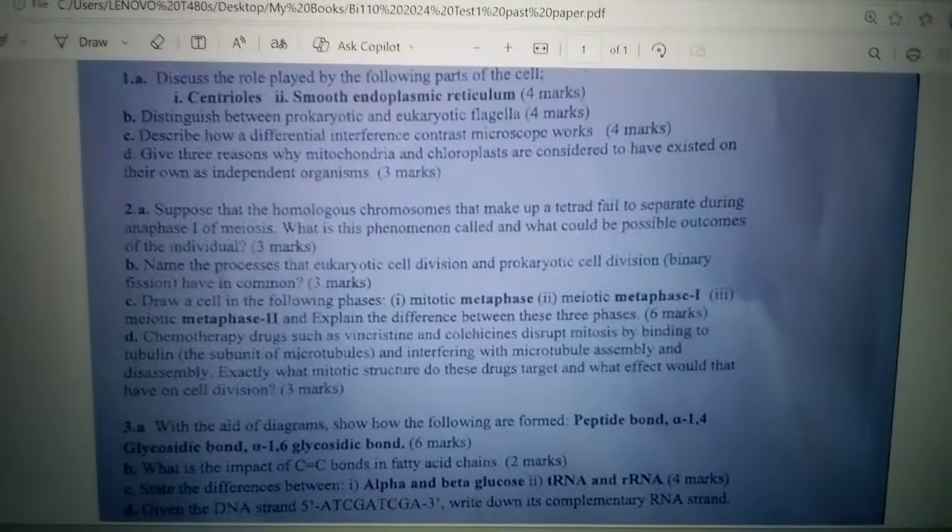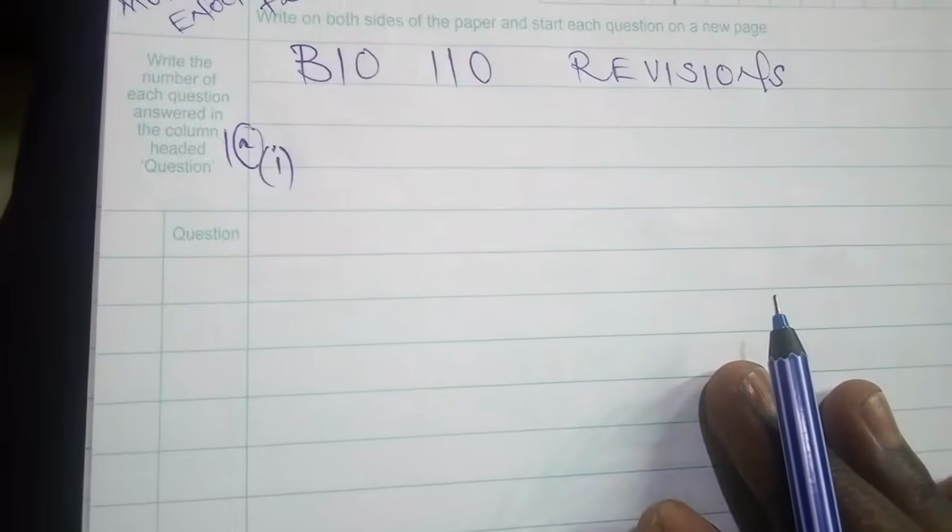So we can start answering. We have 4 marks, so that simply means that for each part of the cell you should bring 2 points so that you obtain 4 marks. So the first one is centrioles.